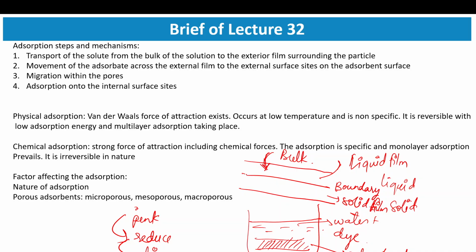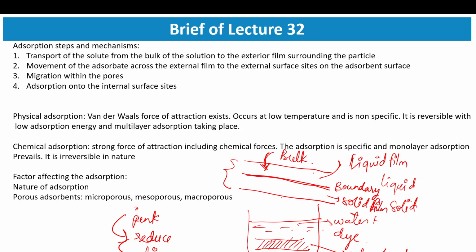Now, if there are two films, the liquid film and the solid film, it has to overcome the resistance, and depending on the characteristics, you might have more liquid resistance and less solid resistance, and vice versa. So the first step is the transport from the bulk of the solution to the exterior film, which is nothing but the film surrounding the particle, right? So this resistance it has to overcome.